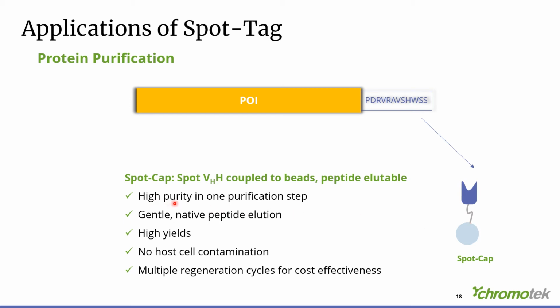So you get high purity in one purification step. It is a gentle native peptide elution that results in high yields. You have almost no host cell contamination, and what's very important for being cost effective, you can apply multiple regeneration cycles.